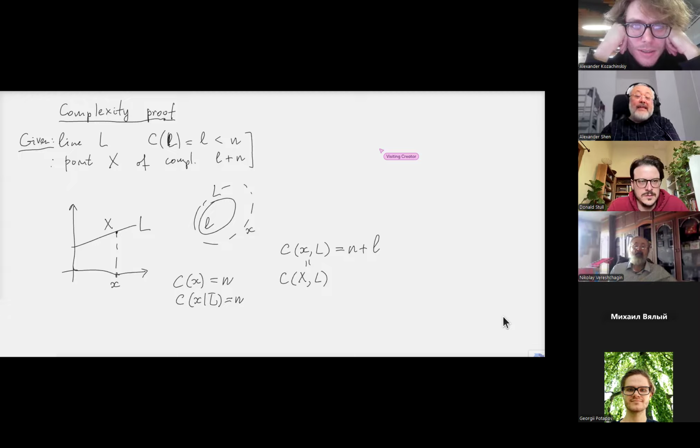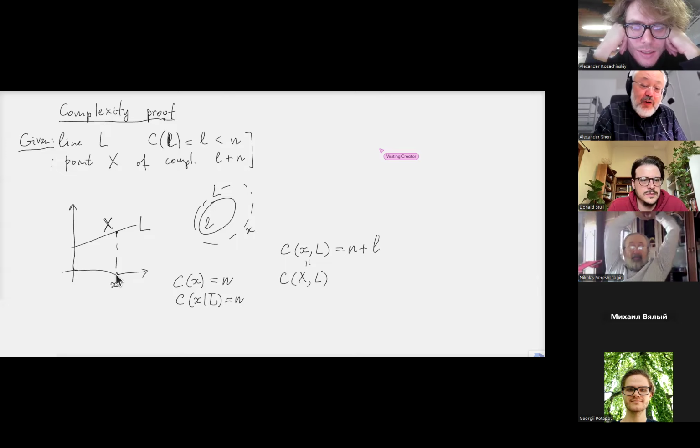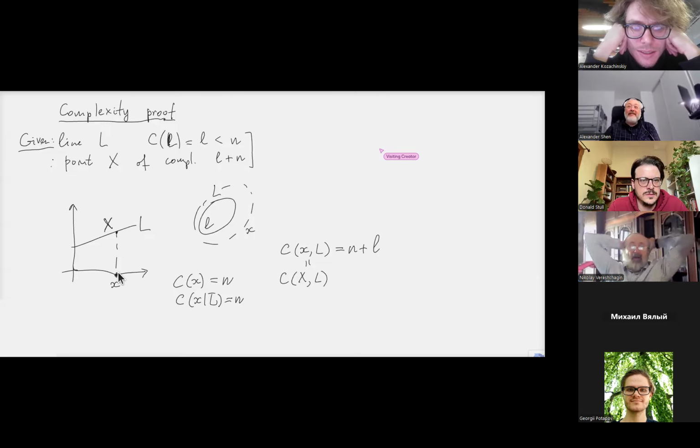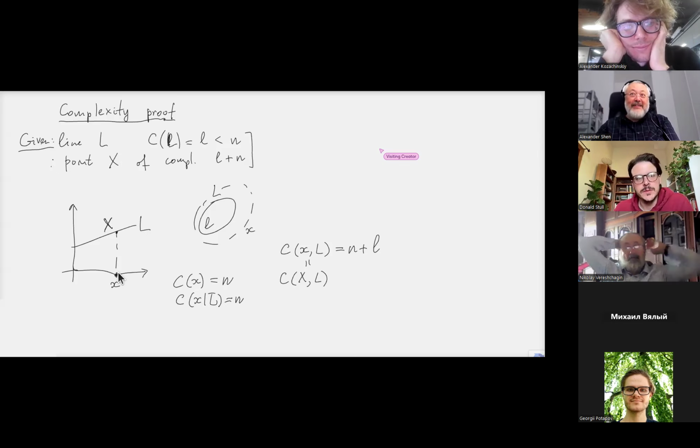Let's decide the big X is a point, and the small x is its coordinate. Kolya said that we should take the first coordinate which has maximal complexity, and we agreed that it's better to take a coordinate which has maximal complexity even with oracle L.